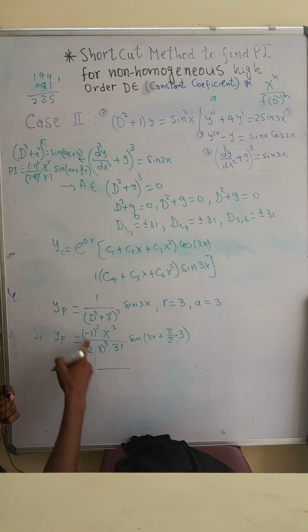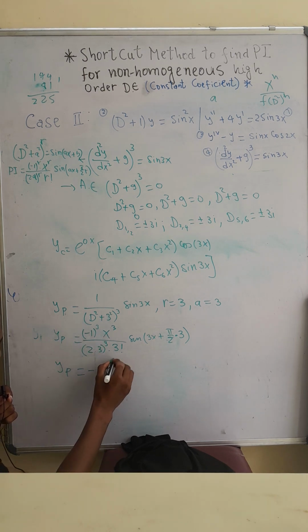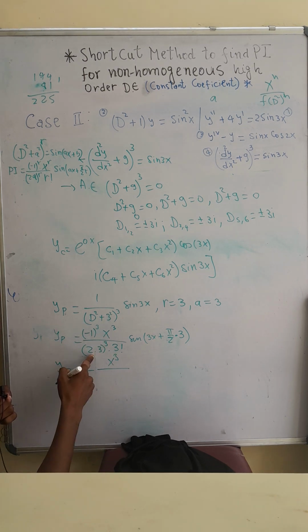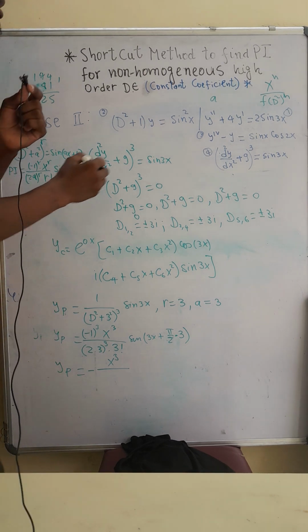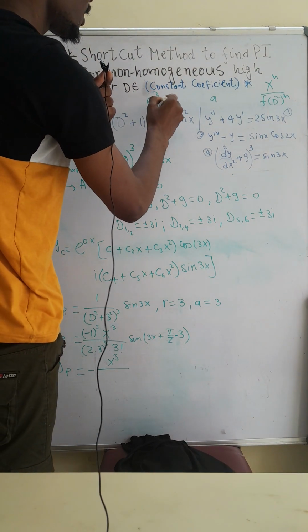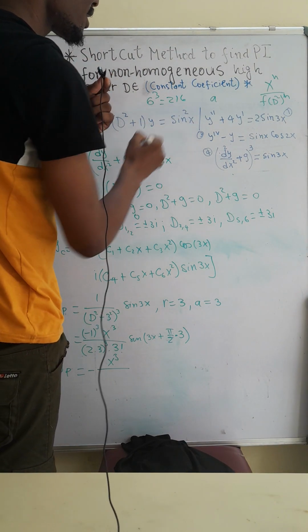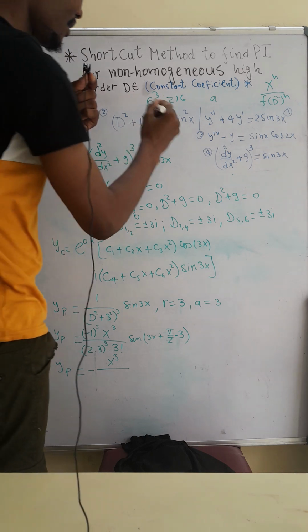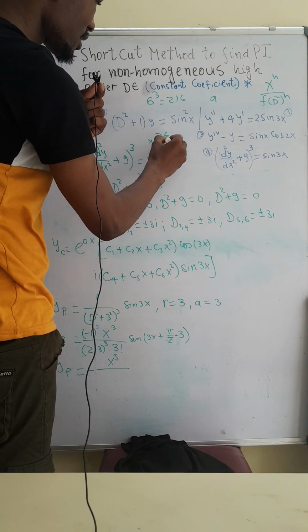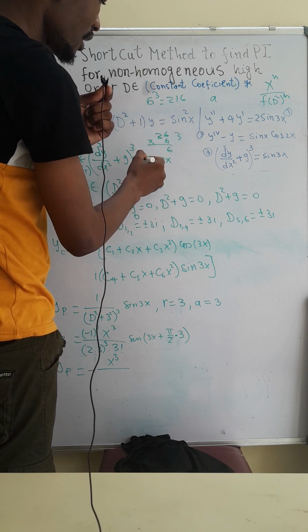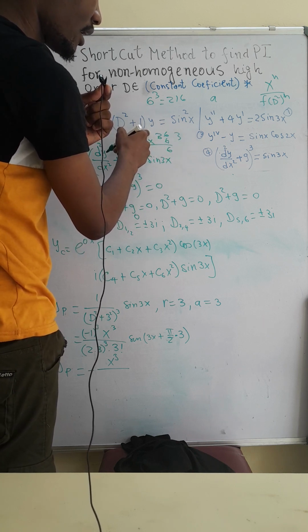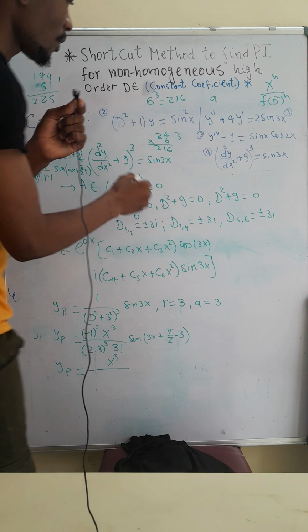Here it will be minus, here it will be x raised to 3. Here it will be what? 6 raised to 3, something like 216, I'm not sure. Yeah, let me just try. 6 and 6, 21, nice.